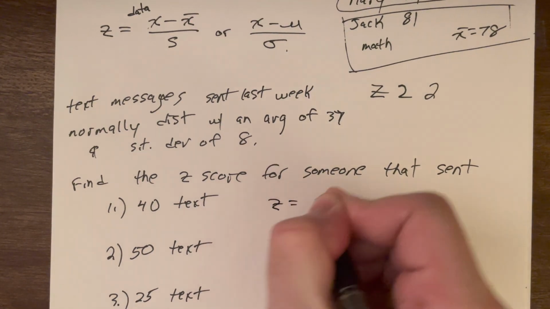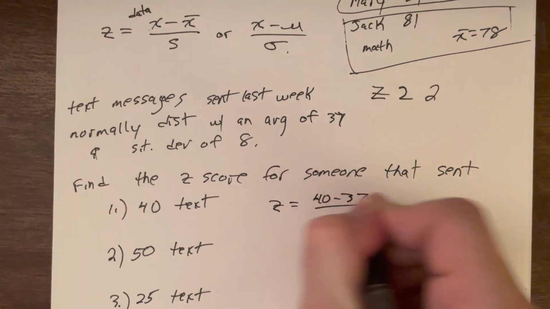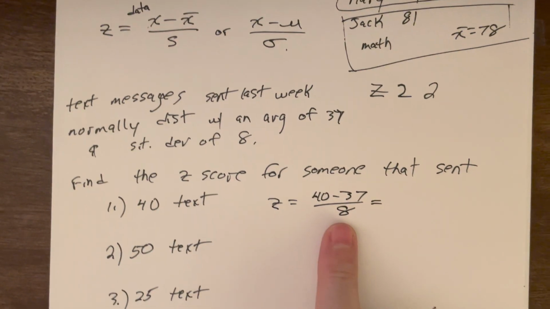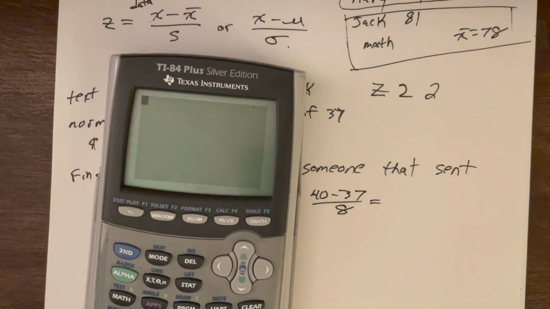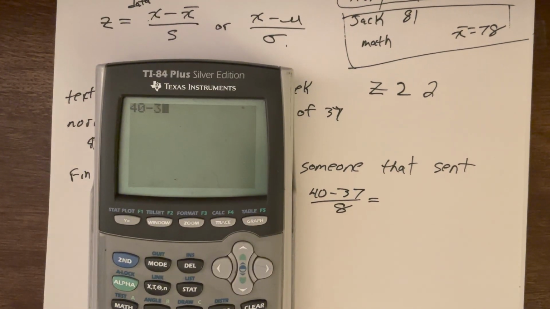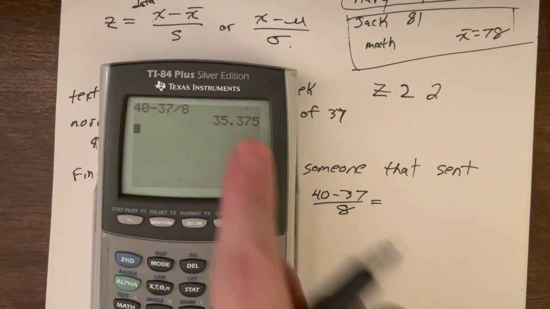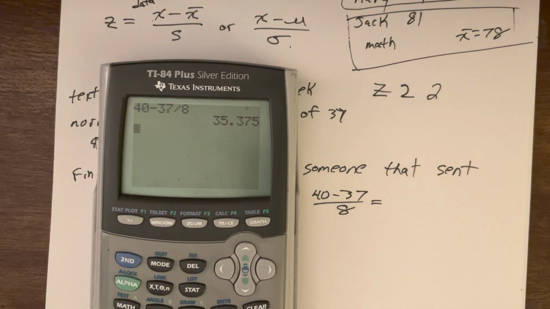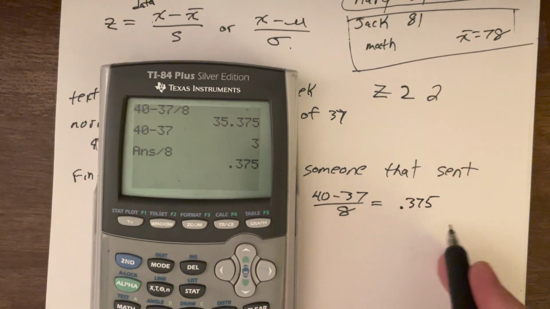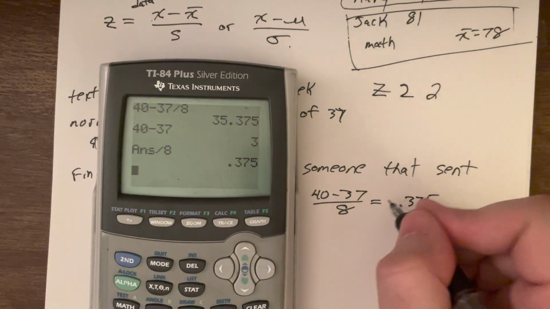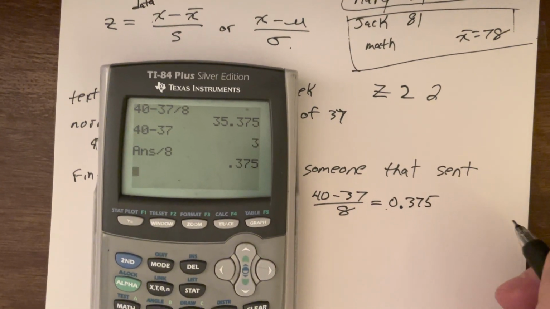So here we would just do 40 minus 37 divided by 8. Just be careful with your calculator, everybody. If you enter that all at once and don't use parentheses, that is not the correct answer. You either do it in 2 steps, then divide by 8, and we get a z-score of 0.375. You can put in the leading 0 if you want.